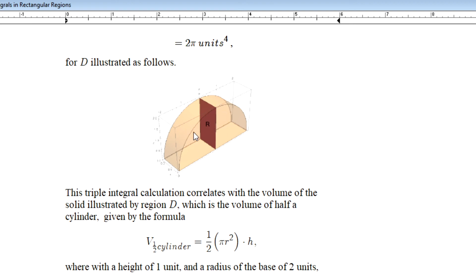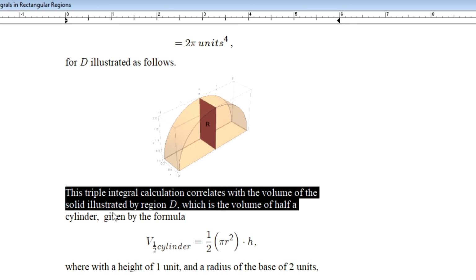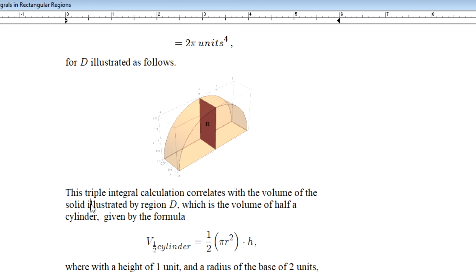And if we think of this as being 2 pi units cubed, note this triple integral calculation correlates with the volume of the solid illustrated by region D, which is the volume of half a cylinder, given by, we might point out, the geometrical formula.